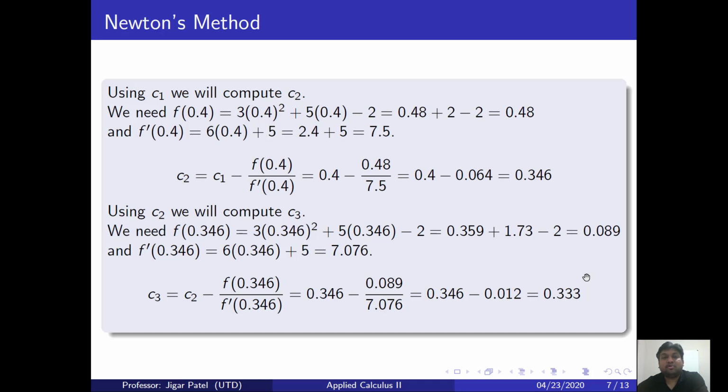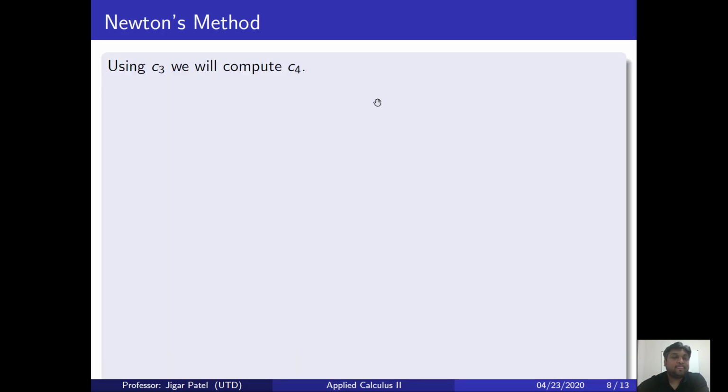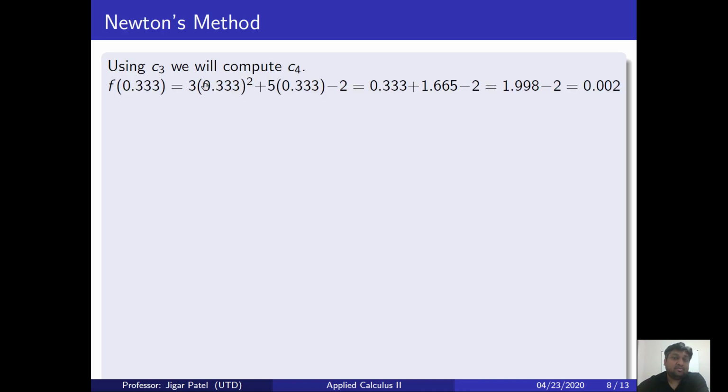Let's compute C4. To compute C4, I'm going to evaluate f at C3, f at 0.333, which is going to give me 0.002. Again, I plug x equal to 0.333 into the original function.